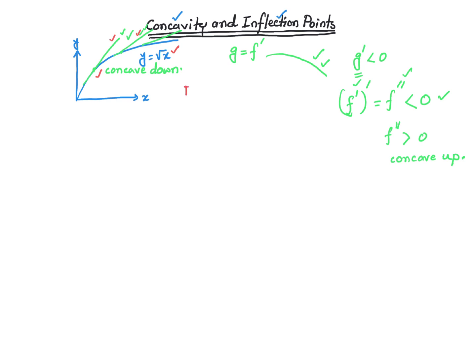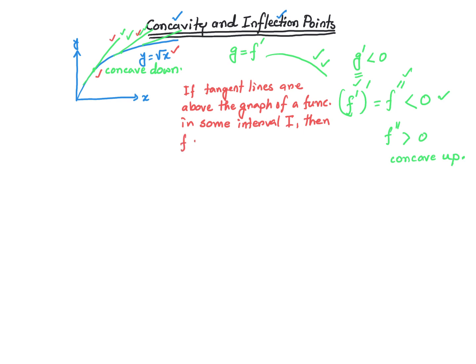So if tangent lines are above the graph of a function, of course, in some interval I, then f is concave down in that interval I. So that's another way of looking at the concave down definition.